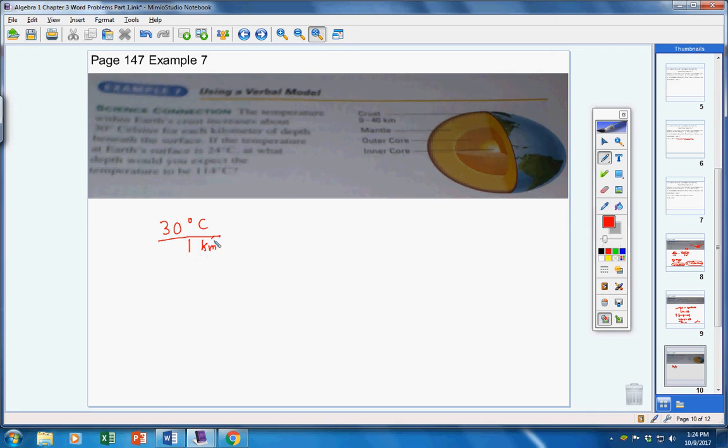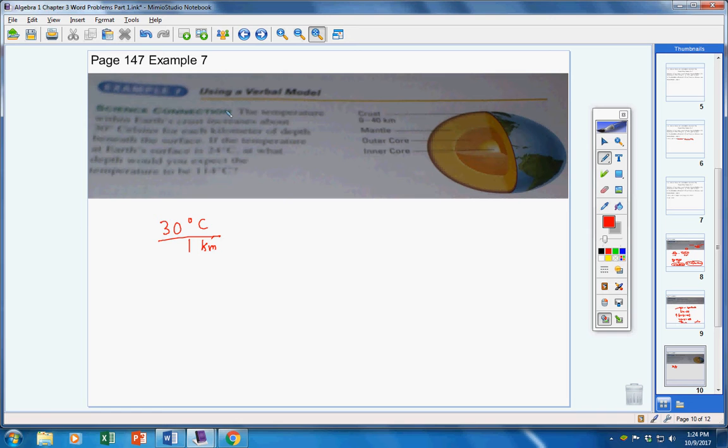Now, if the temperature at the Earth's surface, or in other words, at the top of the Earth's surface, is 24 degrees Celsius, at what depth would you expect the temperature to be?